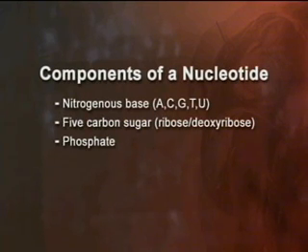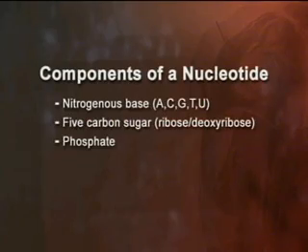The 5-carbon sugar in a nucleotide is either ribose, if we're going to form the nucleotides that are going to be involved in ribonucleic acid, RNA, or deoxyribose, if we're talking about the nucleotides that are going to be involved in DNA, and then the phosphate group, the inorganic phosphate.